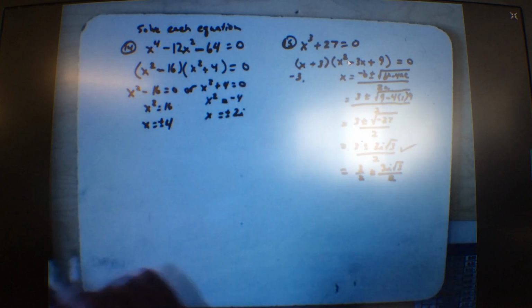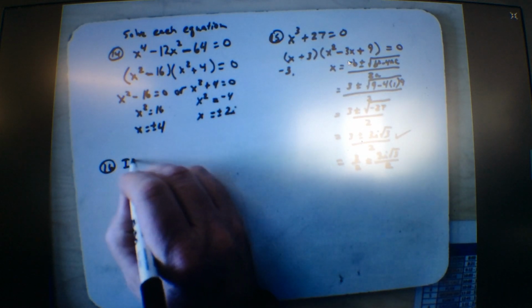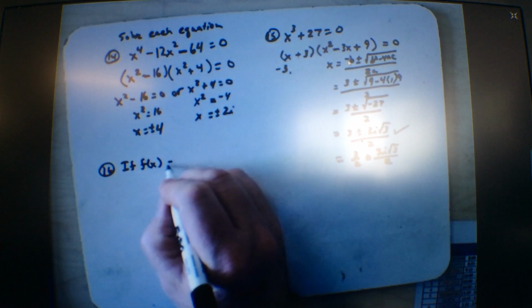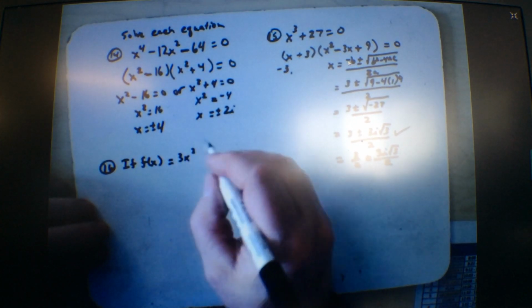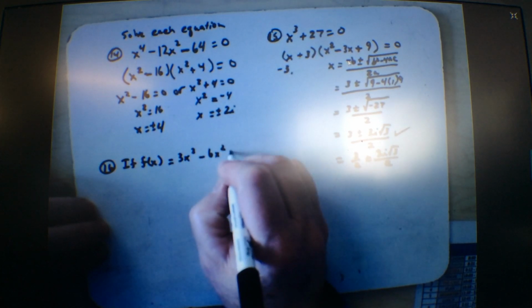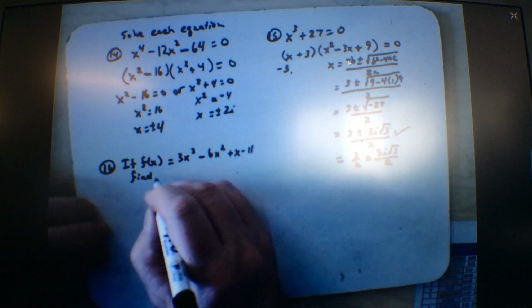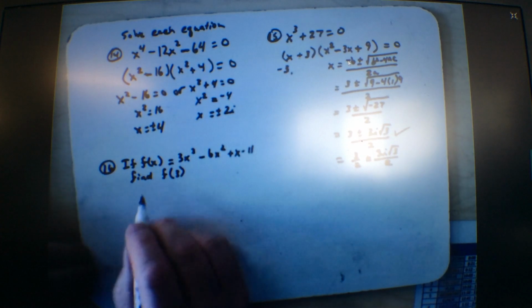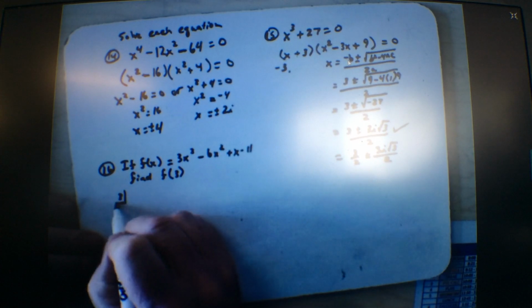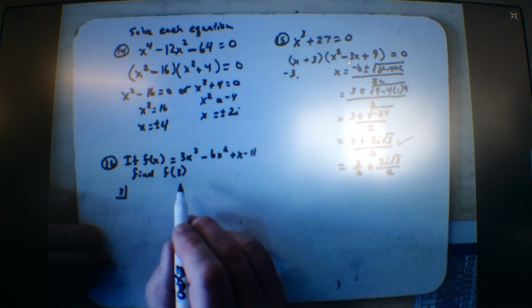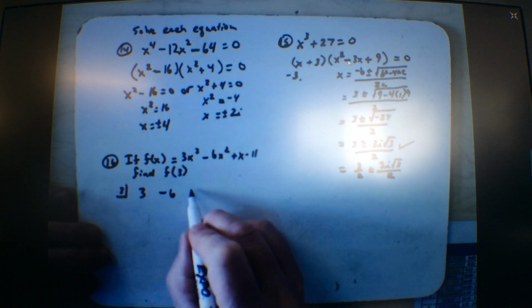Let's say number 16: if f of x equals 3x cubed minus 6x squared plus x minus 11, find f of 3 using synthetic division. So I would go 3 in the box. The number they give you goes in the box; you don't have to change the sign of it. And then I would go 3, negative 6, 1, and negative 11.